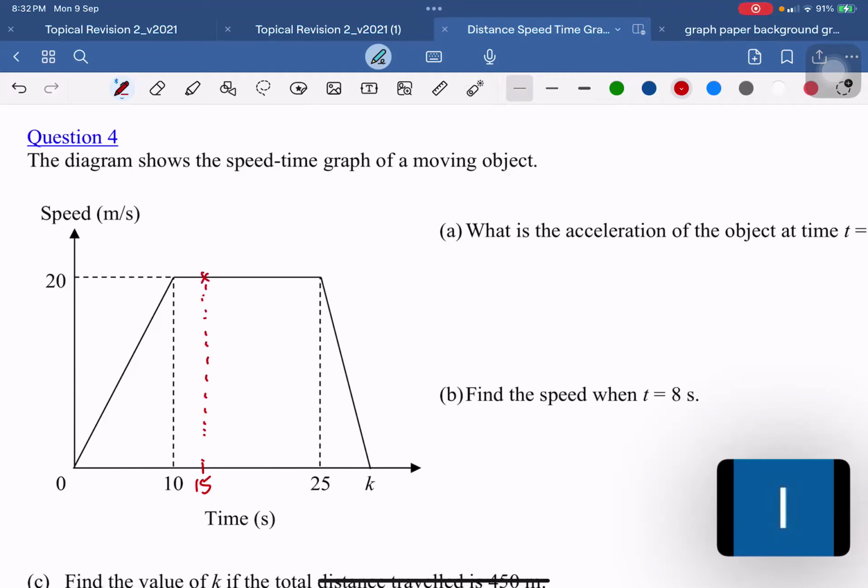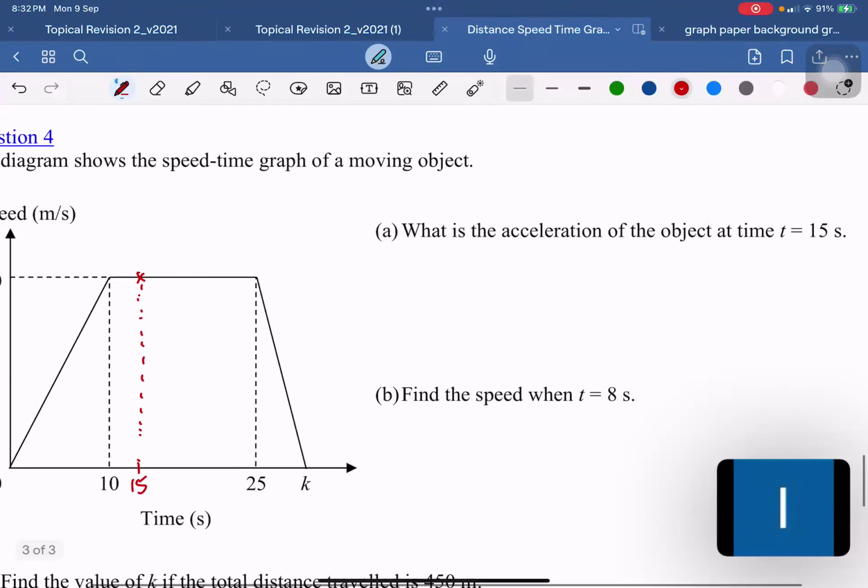Is there any acceleration? No acceleration, right? So what is the acceleration value itself? 0 meters per second square. So no acceleration at this timing.